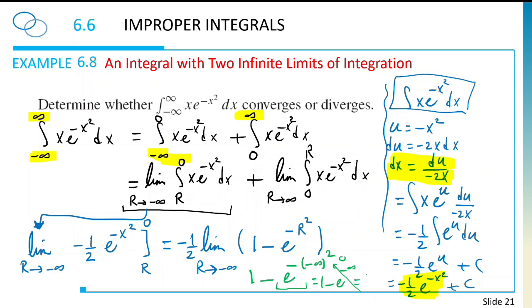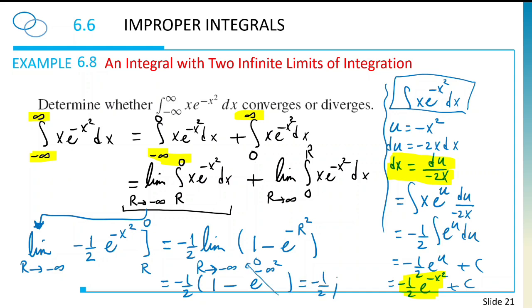So this equals negative half times 1 minus e to the power of negative infinity squared, and this is e to the power of negative infinity, which is 0. And this equals negative half. So this is the result of the first part, the first integration, negative half.